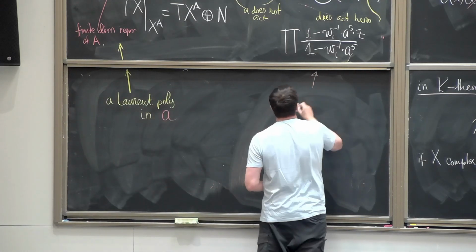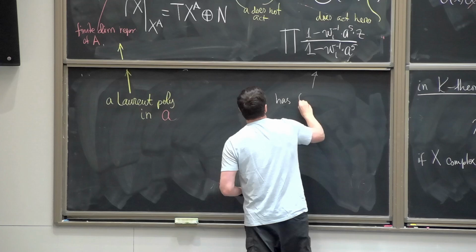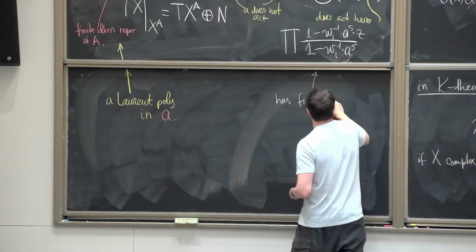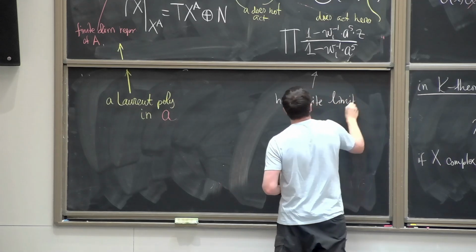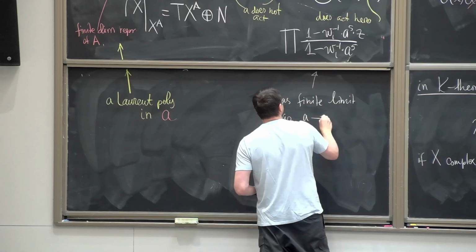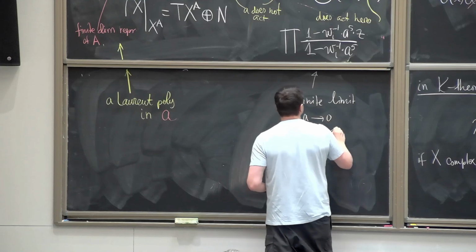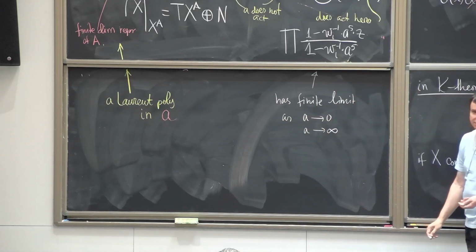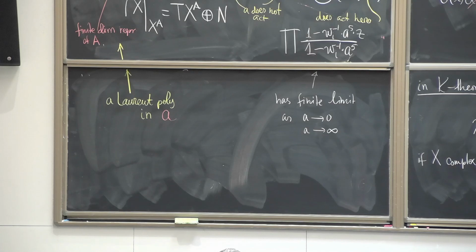We see this has a finite limit as A goes to 0 and A goes to infinity. Make sense? If I have a Laurent polynomial that has a finite limit as A goes to 0 and as A goes to infinity, that Laurent polynomial is a constant.